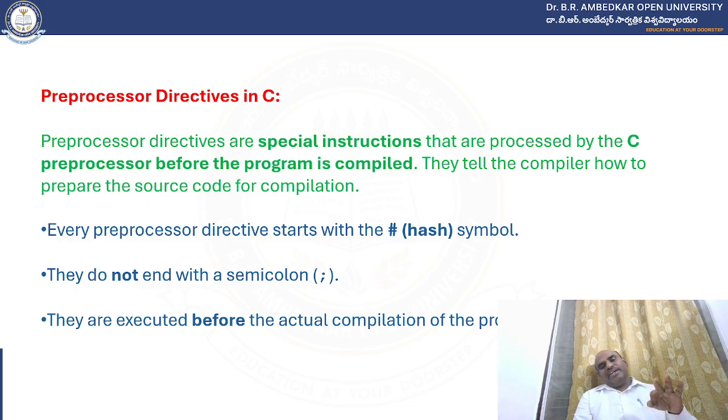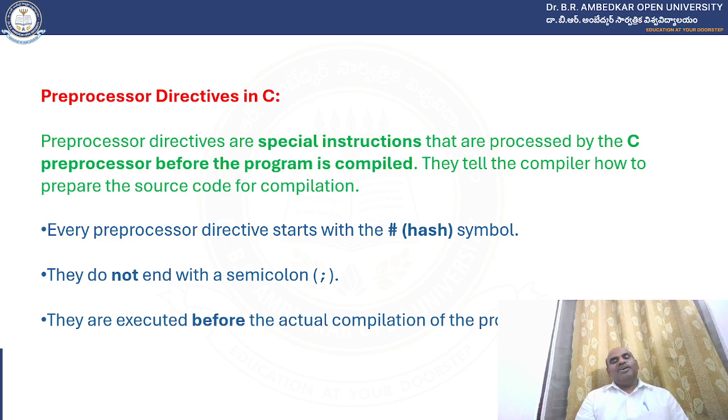Mainly in preprocessor directives, three things we have to remember. First, every preprocessor directive starts with the hash symbol. Second, they do not end with a semicolon. Generally in C language every statement ends with a semicolon, but in the preprocessor case they do not end with a semicolon.